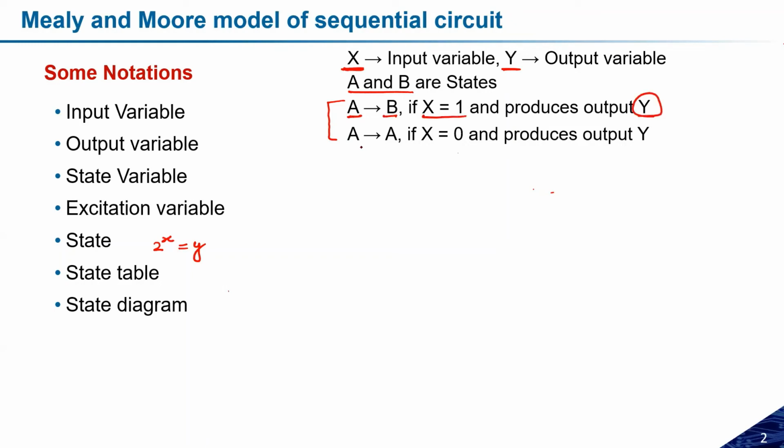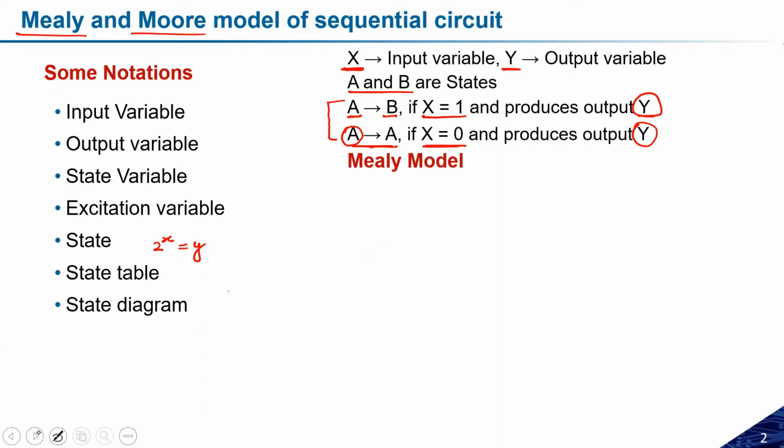The second condition: it will not change its state; if the state is A, it will again be at state A if x is equal to 0, but that will produce output y. So if I have these two conditions, let us see how we can draw the state diagram considering the Mealy and the Moore model.